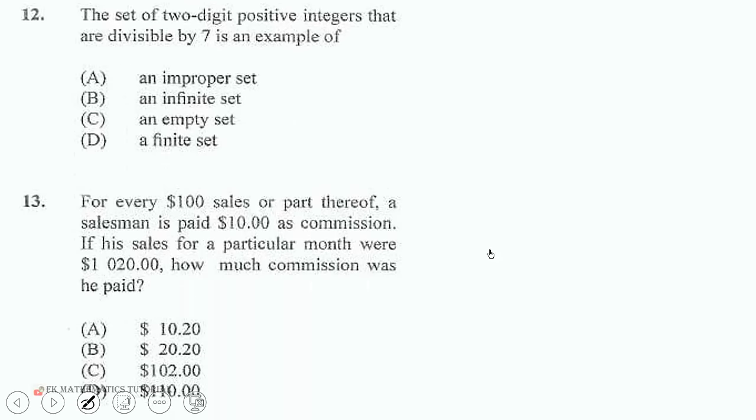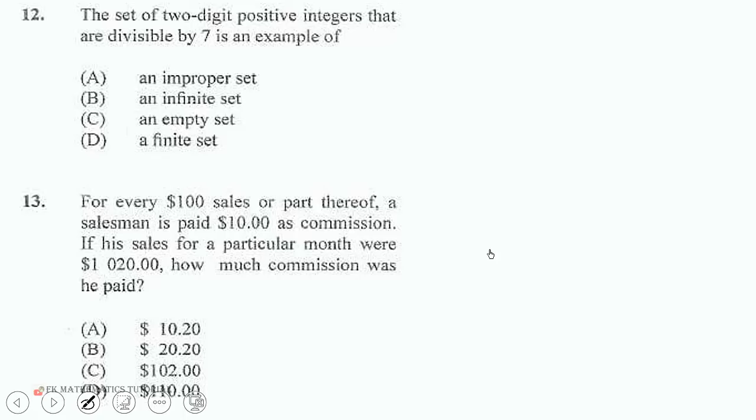The set of two-digit positive integers that are divisible by 7 is an example of: an improper set, an infinite set, an empty set, or a finite set?